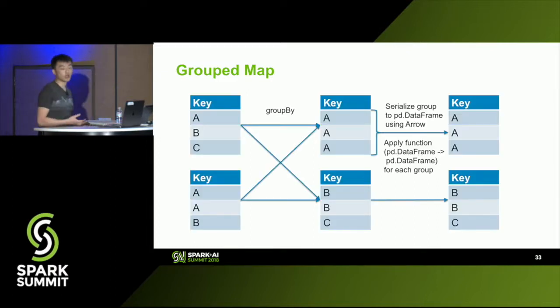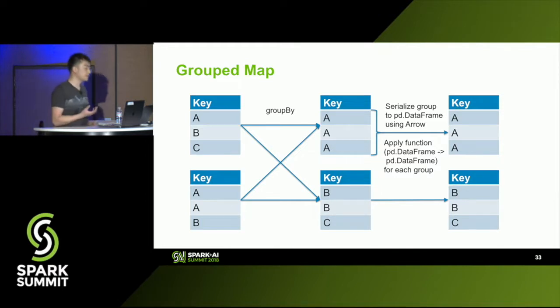This is just a quick illustration of how it works. Here we've broken the process into two steps. The first step is we're doing a group by just using Spark's primitive. So here we're taking full advantage of Spark's efficient group by operation.